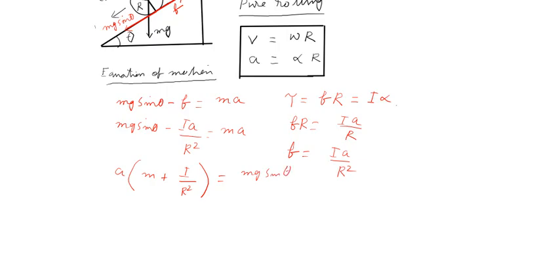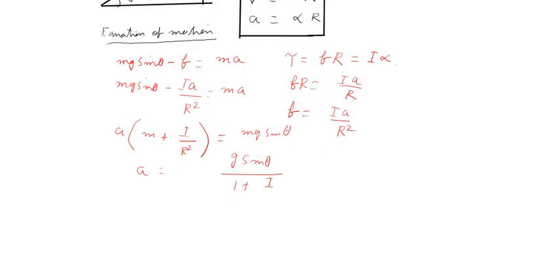Dividing both sides by m, we will get A as g sine theta by 1 plus I by mr square. This is the acceleration with which the body will come down. So this is very important.